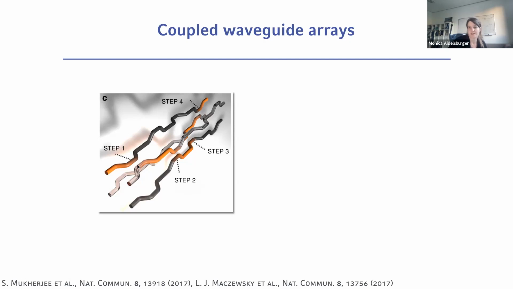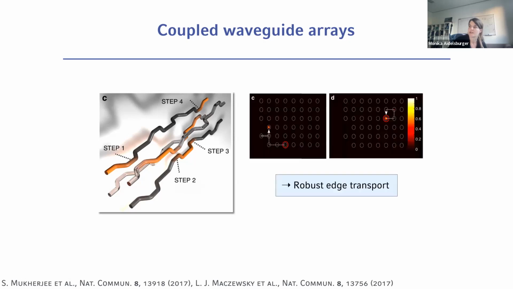And here it's actually modified a little bit, but what can also be nicely done is to look at what happens at the edge and what happens in the bulk. One defining feature of topology is, of course, the topological edge modes in the system. And what is very nice about these photonic arrays is that you can launch photons in one of these waveguides that is at the boundary of the system.